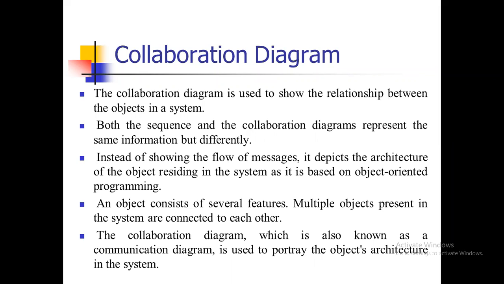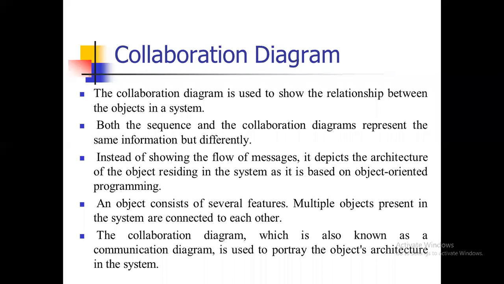Both the sequence and collaboration diagrams represent the same information, but in different ways; their representations are different. Instead of showing the flow of messages, the collaboration diagram depicts the architecture of the objects residing in the system, as it is based on object oriented programming.